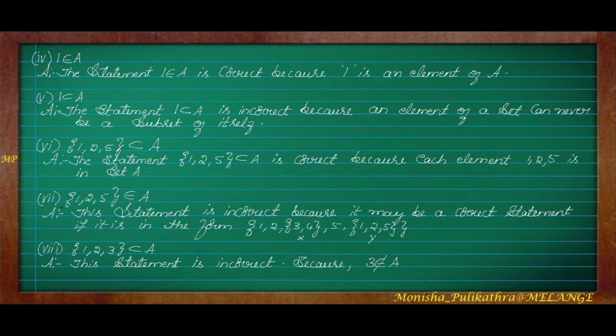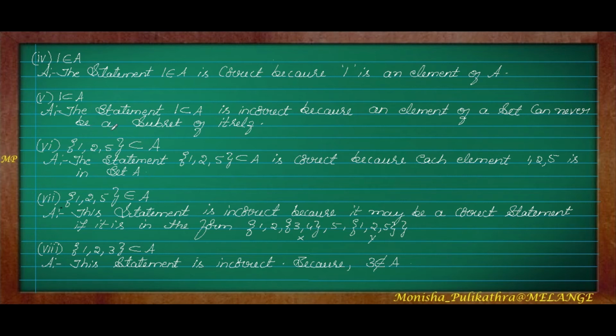But in the case of many elements, 1, 2, 5 belongs to A only if the set is in this fashion: 1, 2, inner bracket 3, 4, 5 and inner bracket 1, 2, 5. If this is the case, then we can say 1, 2, 5 belongs to A. If this is not the case, then we can say 1, 2, 5 is a subset of A and not belongs to A. But in the case of a single element, we can readily say 1 belongs to A or 2 belongs to A or 5 belongs to A separately.